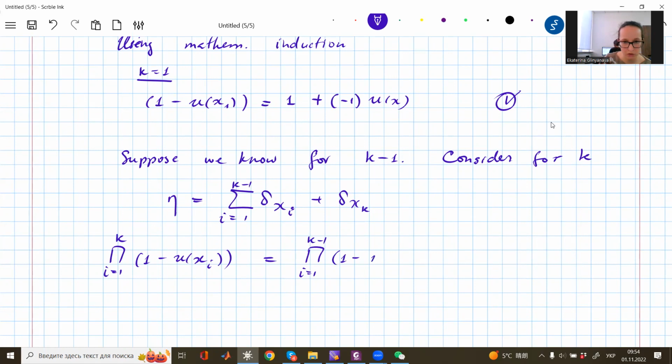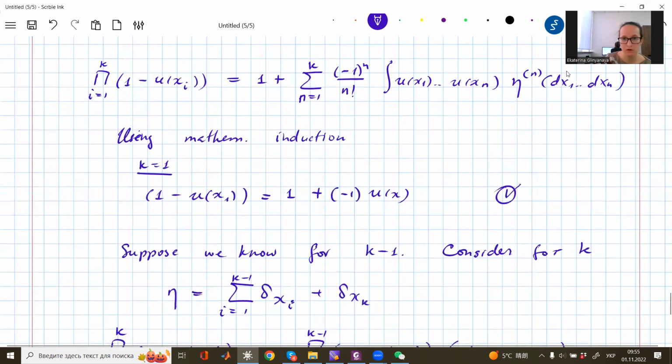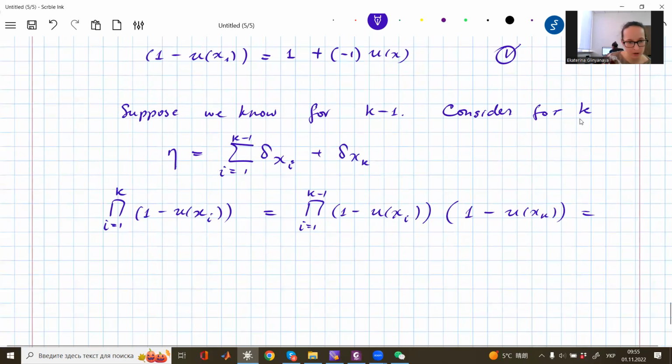Here I will use the known result, times 1 minus u of x_k. So we just need to rewrite this using this expression in terms of integrals, and this integral I will write using summation.